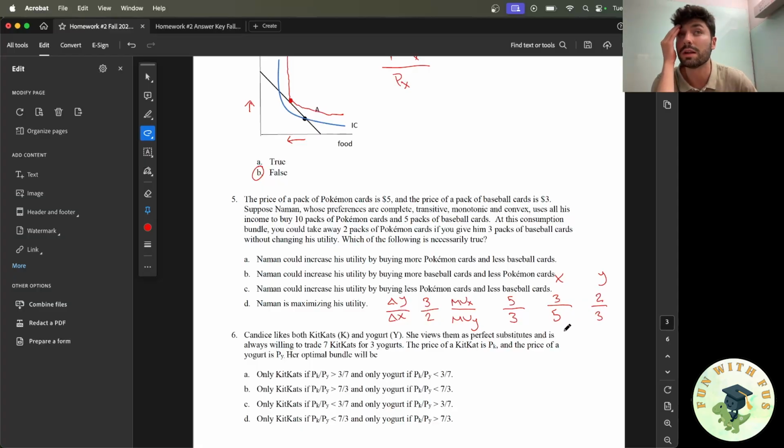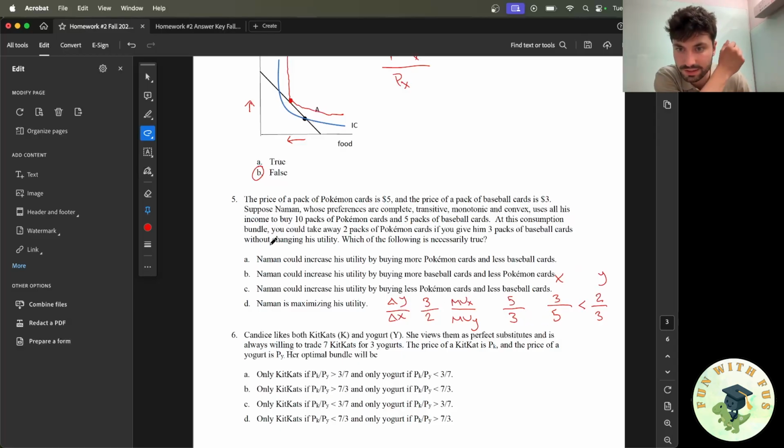And I believe 2/3 is 0.66, and this is 0.6. So this is going to be greater. So I am going to want to invest in, and let's make sure, 1, 2, 3, 4, 5, that the answer is B, that we are going to buy more baseball cards and less Pokemon cards.